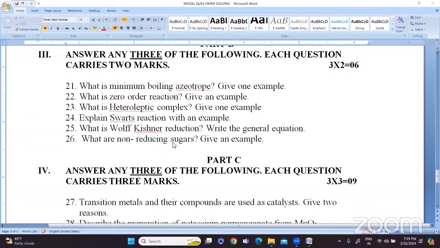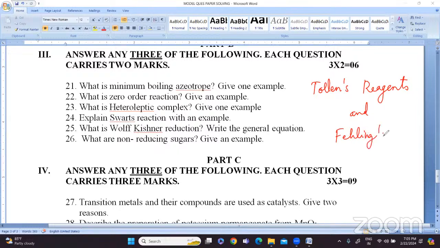So the last question of 2 marks. What are non-reducing sugars? Give an example. Non-reducing sugars are those which do not reduce Tollens reagent and Fehling solution.